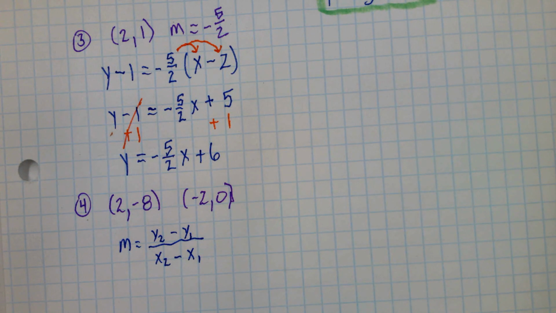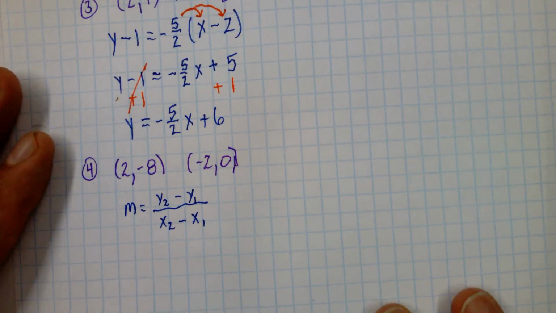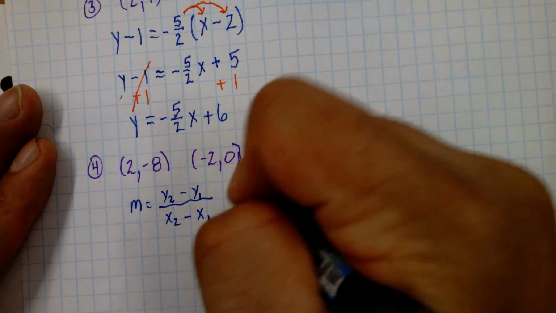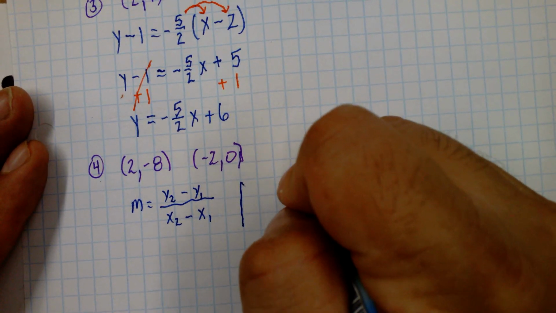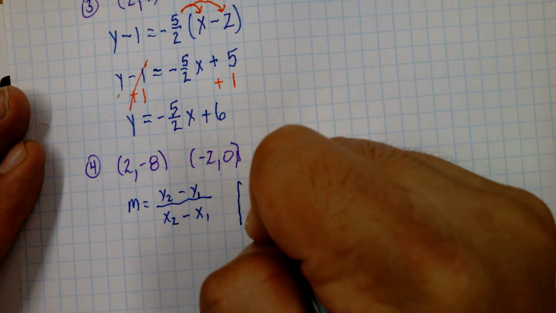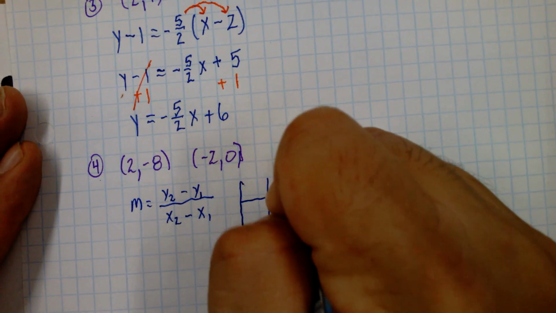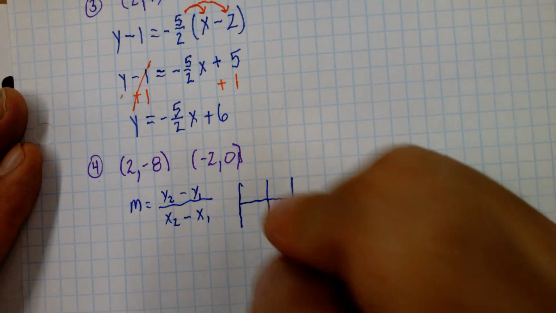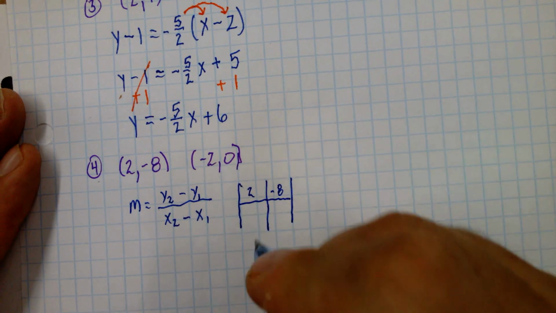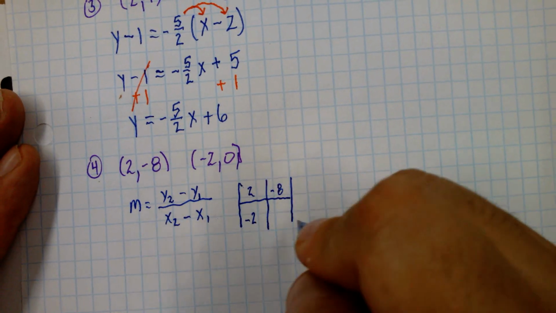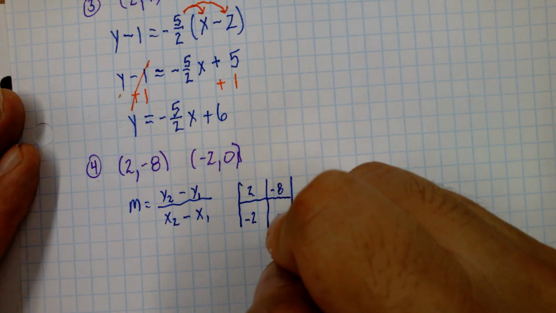And that will give you the slope. The other option is kind of think of it as a table of values, where the table has only 2 rows. So we could say 2, -8, and -2, 0.